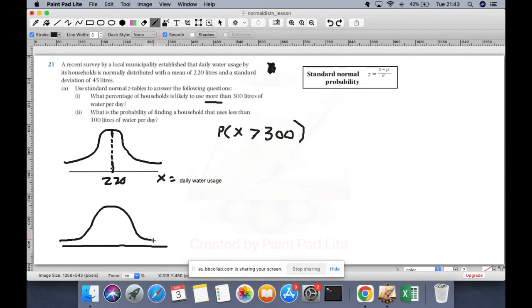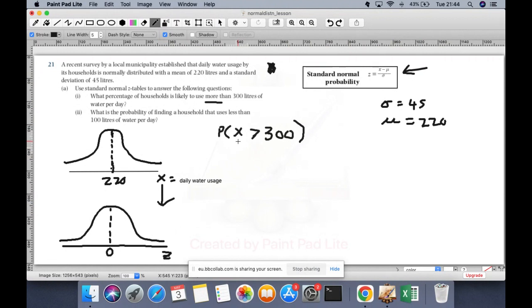But the catch is that the horizontal axis is Z and the center is 0. If a variable did follow this distribution, we would be able to determine this probability because we could use the table provided. So we do a little trick to convert the x into a z, using this formula. We say z equals x minus its average divided by its standard deviation. We're given its standard deviation. You read the question. Sigma is 45. And mu is 220.